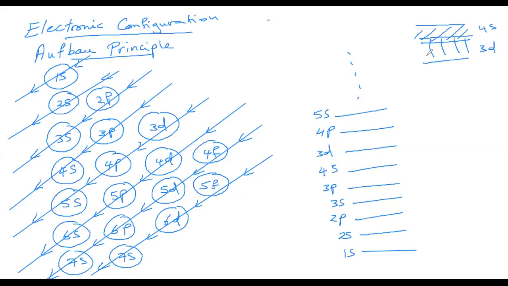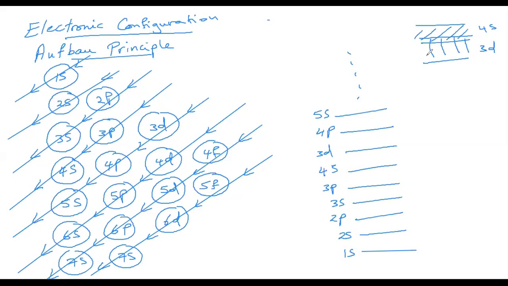Can you give an example of an element where 3d is filled before 4s? You say the 3d filled before the 4s or the opposite? The opposite: 4s filled before the 3d. Yes, we are going to take all the transition metals now.